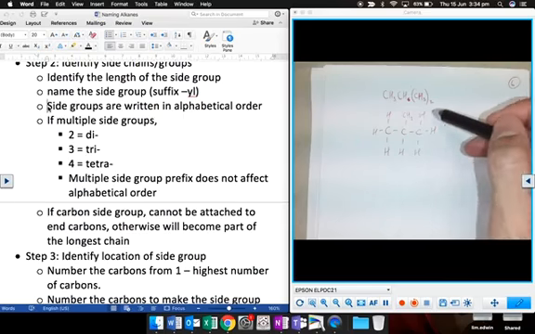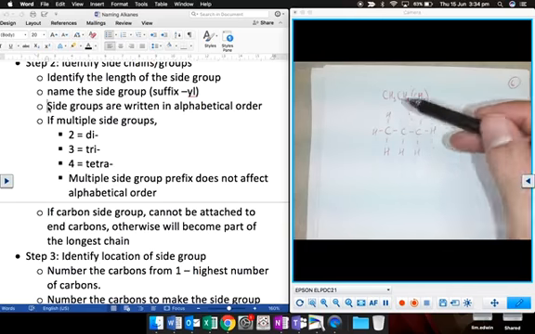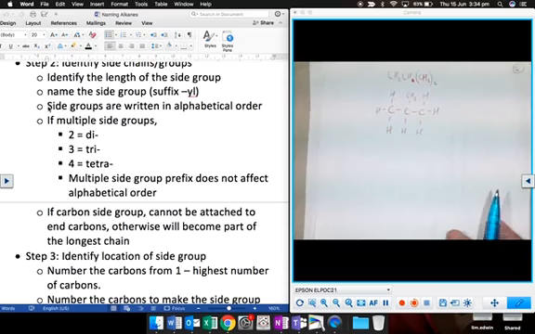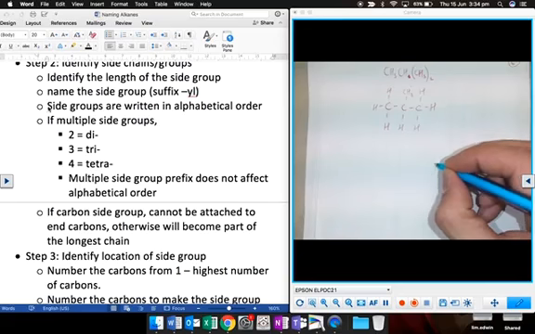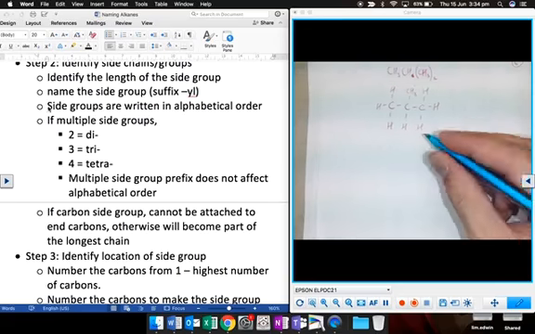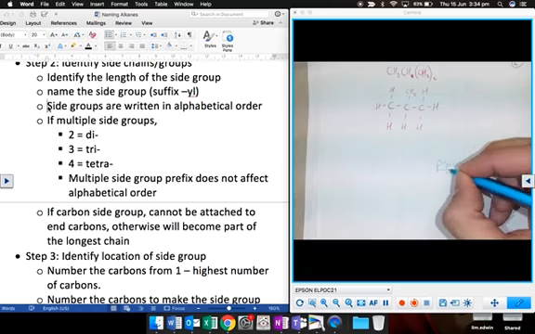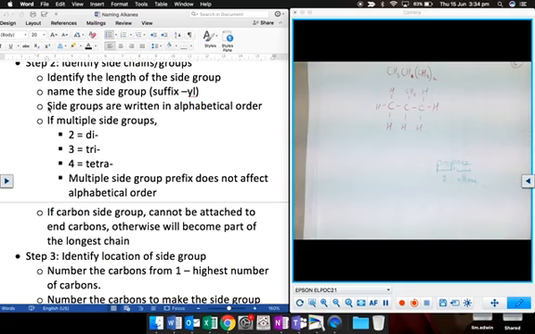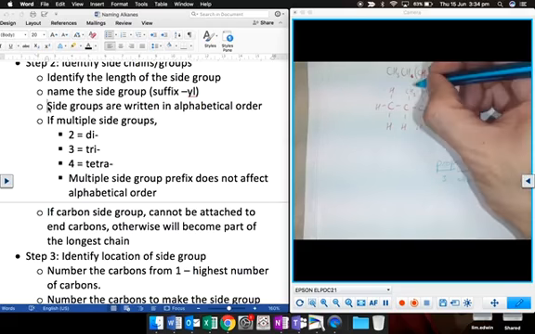One will be over here, and one is over here. Okay? What's the name of this longest chain? It has 1, 2, 3 in it. 3 is prop. It's an alkane, so it's propane. Okay, we have one side group.